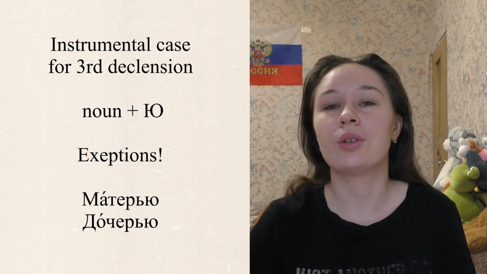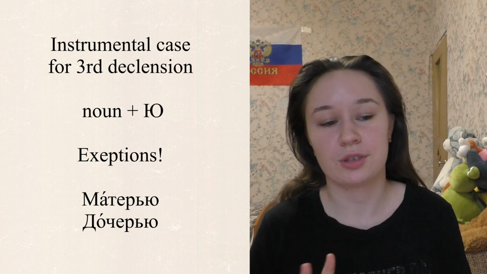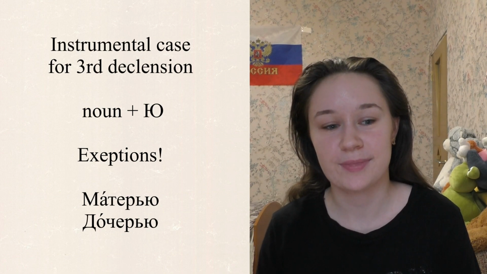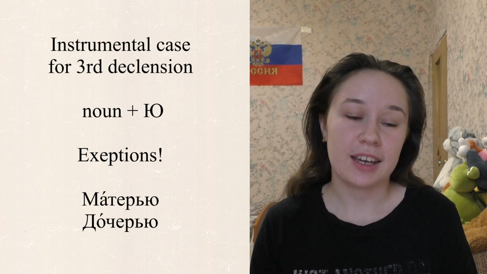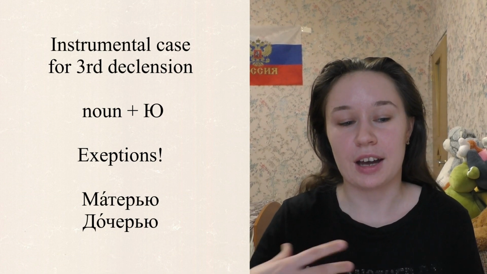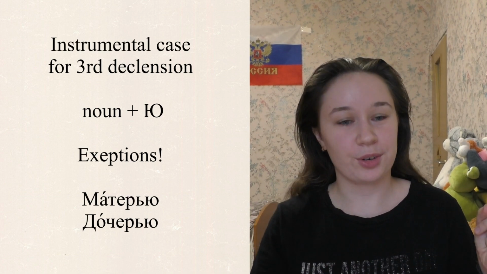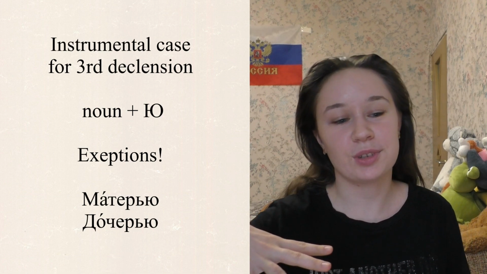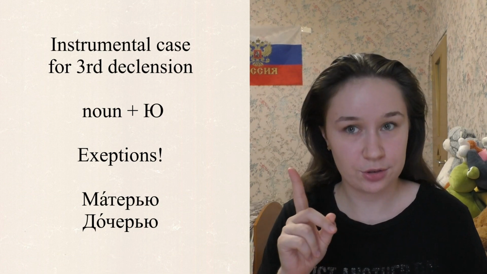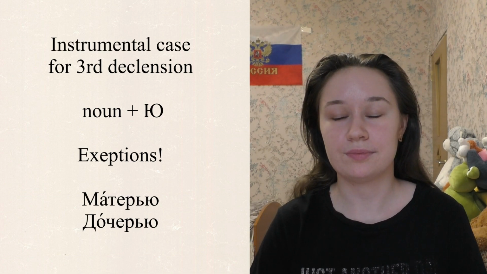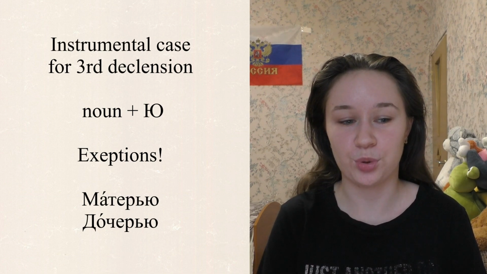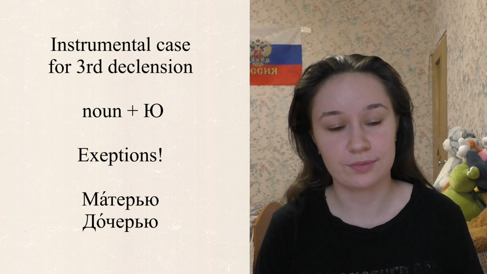And as usual, only 2 exceptions: мать and дочь. Like in the genitive case, мать becomes a longer word, and it will sound like in the instrumental case матерью, and дочь becomes дочерью. That's all. Very simple.